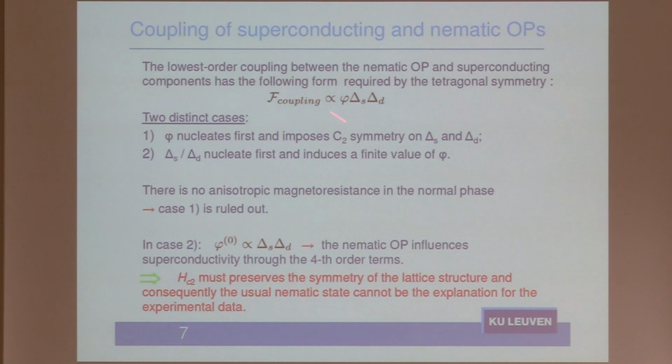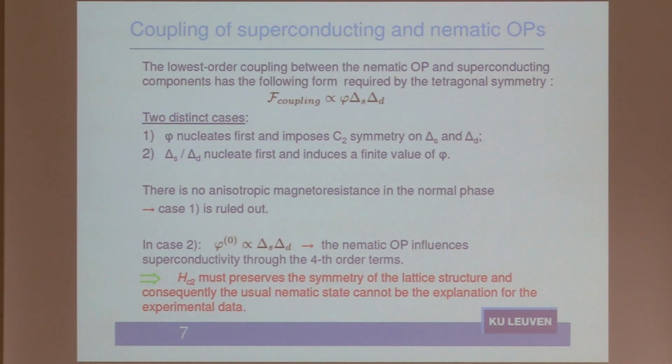When we substitute back here, we obtain a term of fourth order. And for the nucleation, the term of fourth order doesn't play a role. It is small. You only retain terms of second order. But the second order terms are all perfectly symmetric. You would have to observe, again, a tetragonal symmetry of your magnetoresistance angular dependence.